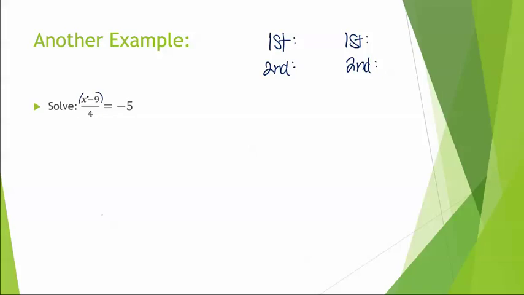So the first thing that's actually happening to the x is subtracting 9. And the second thing that's happening to it is we're dividing by 4. So to undo that in this order, we have to multiply by 4. Remember, start with this one, and then add 9. You can't add the 9 first, right? Because this 4 is in the way.